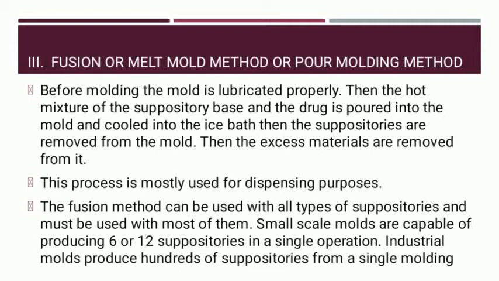The fusion method can be used with all types of suppositories and must be used with most of them. Small scale molds are capable of producing 6 to 12 suppositories in a single operation, whereas industrial molds produce hundreds of suppositories from a single molding.